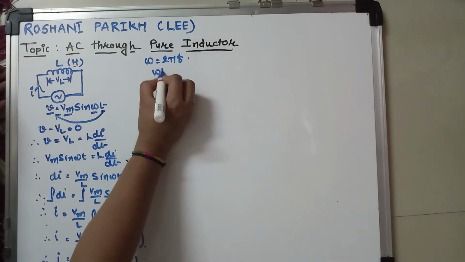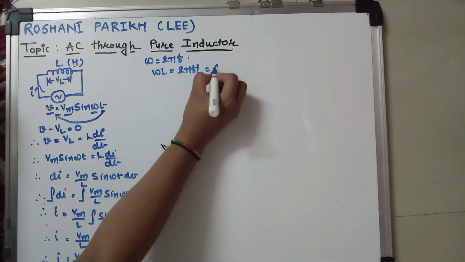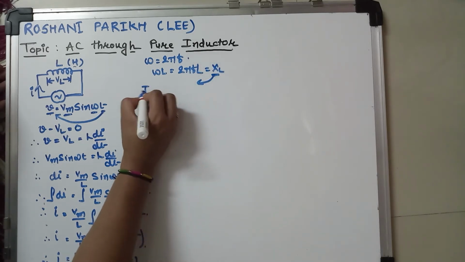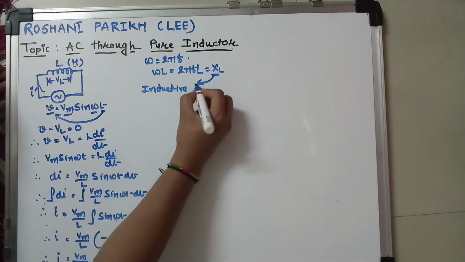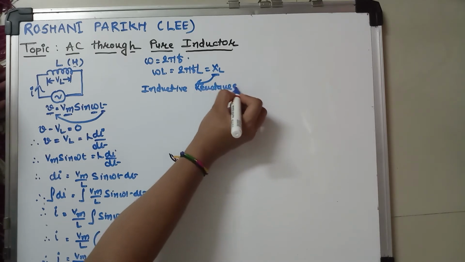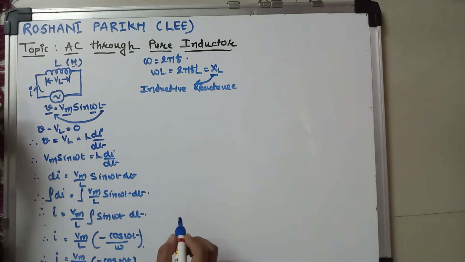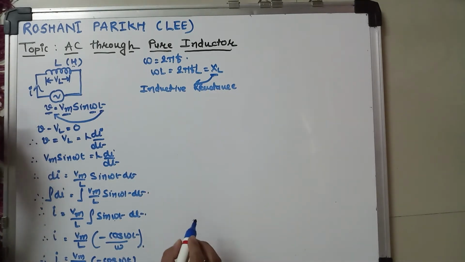So omega L is 2 pi fL, which is XL, the inductive reactance. It is exactly like the resistance in a DC circuit. So inductive reactance is in the AC circuit.